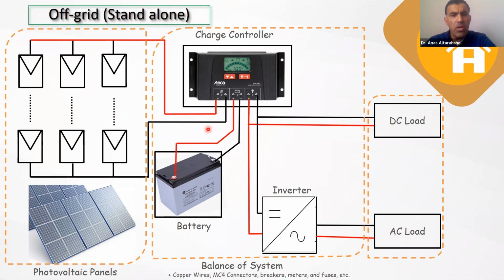Of course, we have fuses and protection in the system to protect the PV modules from current flowing back to the modules. And also we have what are called bypass diodes to mitigate the shading effects on the modules. Those are the main components of any off-grid system. This is for the off-grid.